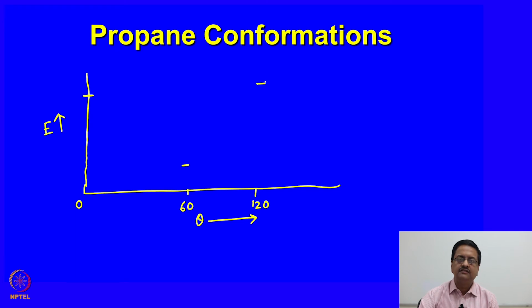and then again at 120 degree, the energy should be higher because again we get the eclipsed conformation, and in case of 180 degree, it will be again the same as the conformation at 60 degree.